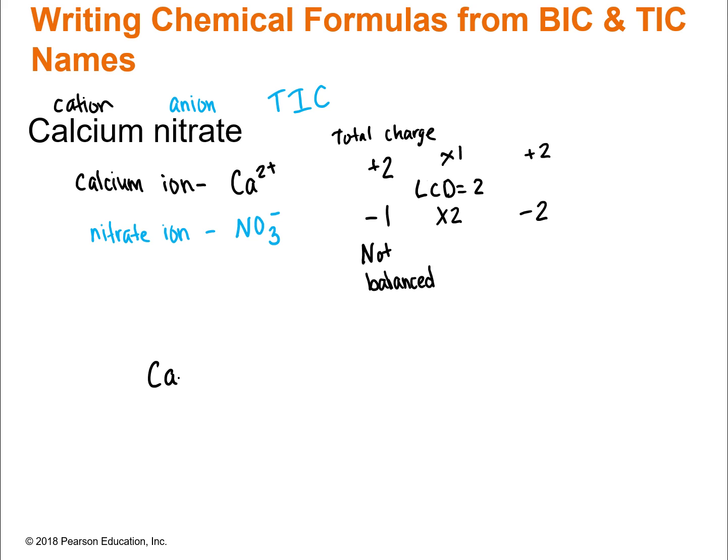When we write our formula, we're going to have only 1 calcium, but we're going to have 2 nitrate ions. The way that you do that is by putting the whole nitrate ion into parentheses, and that says it's 1 unit. Then you put a 2 on the outside of that to show that you have 2 nitrate ions.